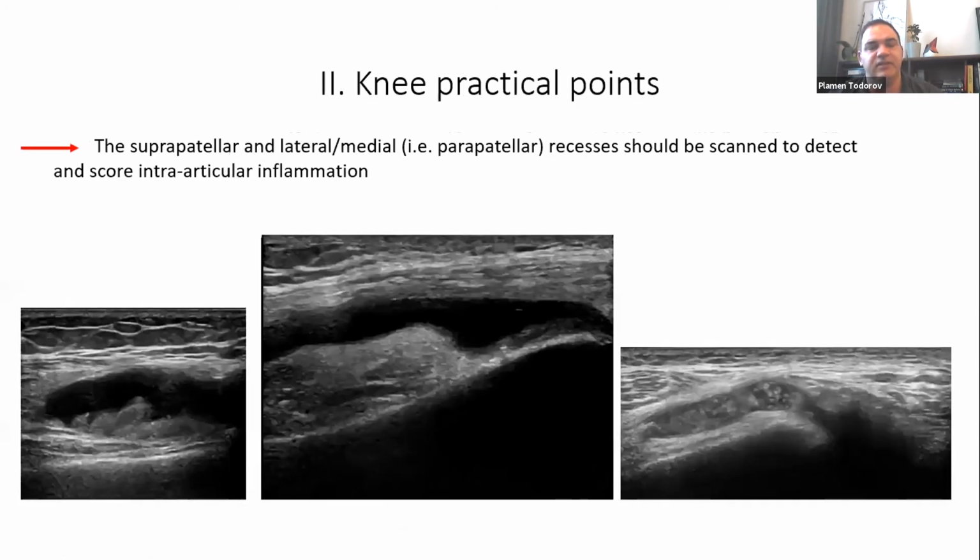The second clinical point is that the suprapatellar and the lateral and medial parapatellar recesses should be scanned together to assess and to score intra-articular information. So we need to scan the suprapatellar, but also the lateral and the medial joint recesses for evaluation of synovitis or hydrops, and not only the suprapatellar one.